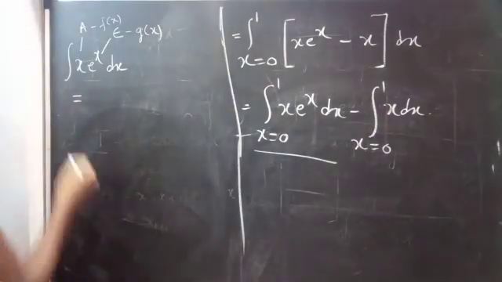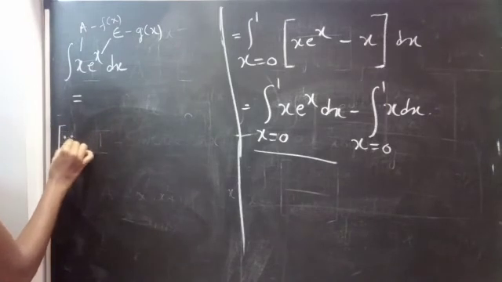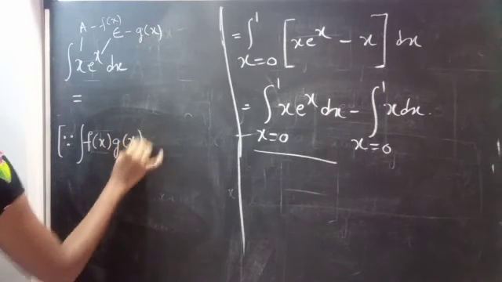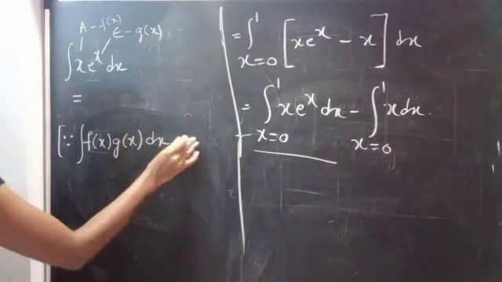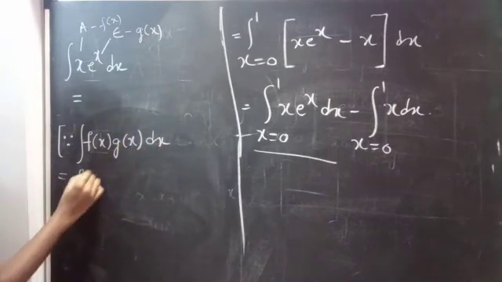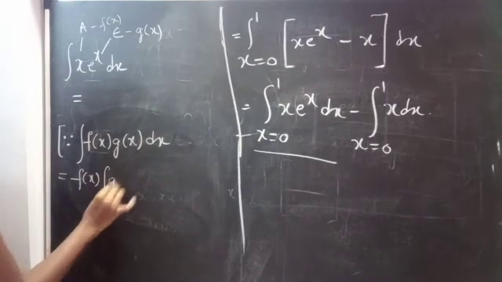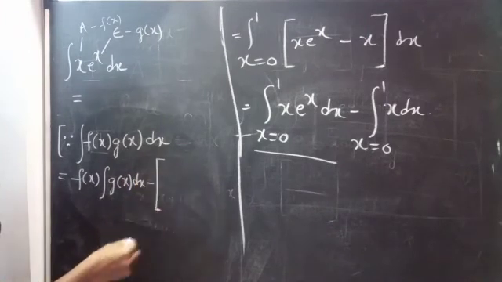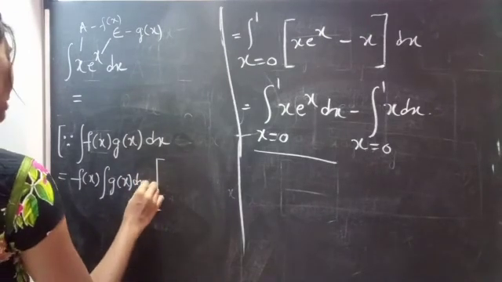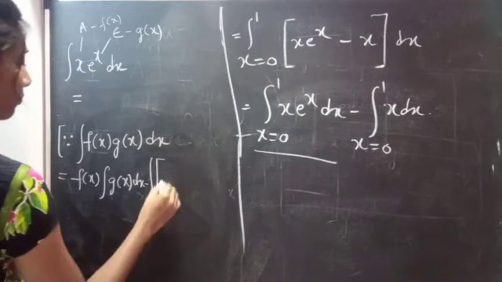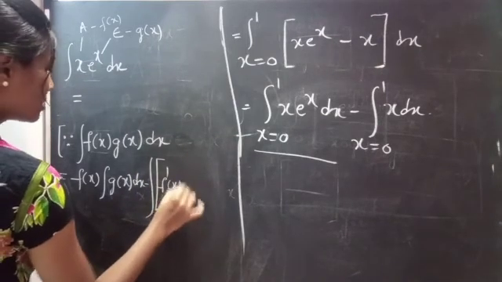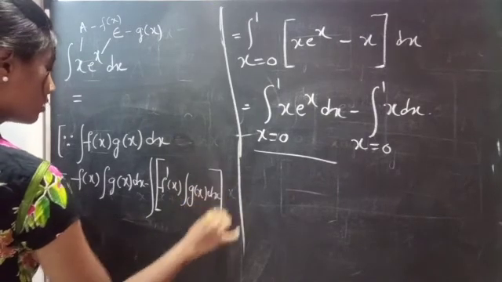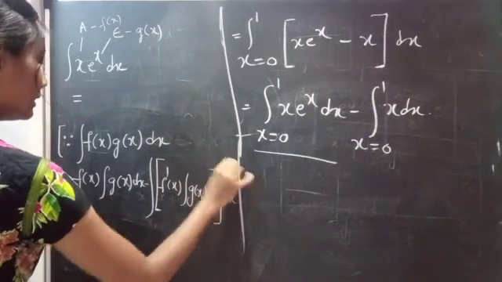So what is the integration by parts formula? The integral of f of x g of x dx is equal to f of x into the integral of g of x dx, minus the integral of f dash of x, times the integral of g of x dx, all into dx.